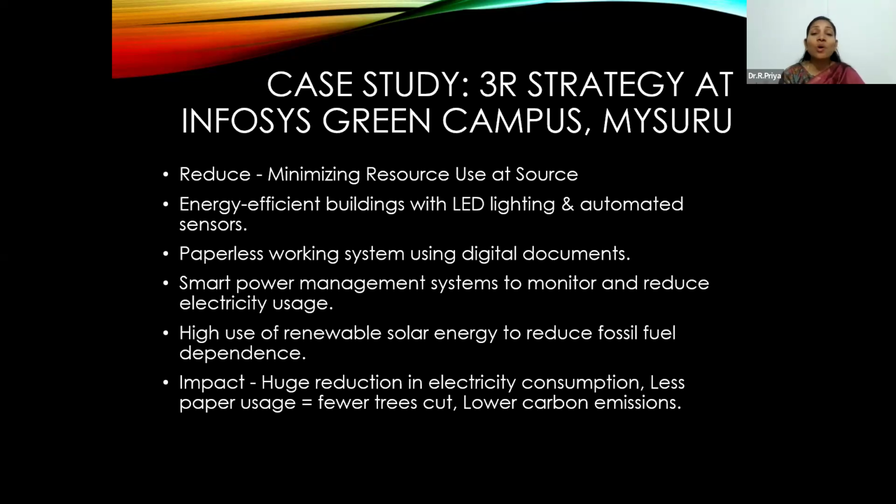Then paperless working systems, using digital documentation, cloud storage, and e-signatures. Then smart power management systems to monitor and reduce the electricity usage. Then high use of renewable solar energy to reduce the fossil fuel dependence.